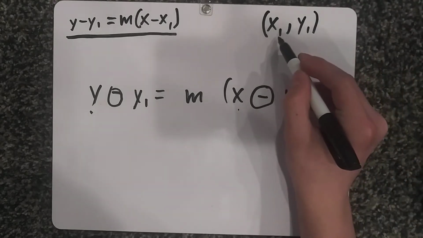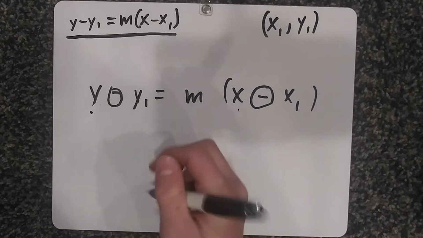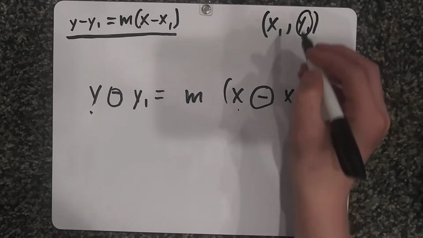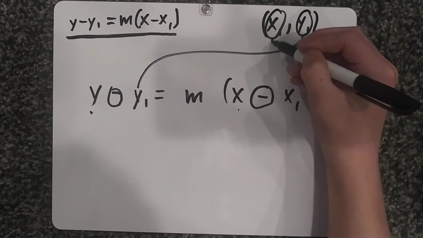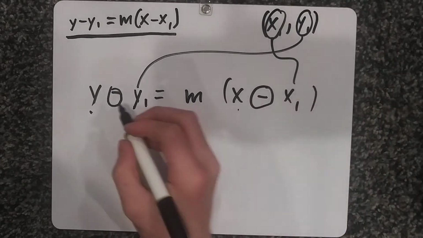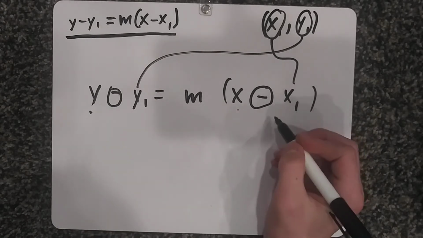So the 1 doesn't really matter. All it's saying is that it's the y point, so this point right here, you would insert it right here, and this point right here, you would put it right there. So this is the x position, this is y position. You do minus the y position and minus the x position here.